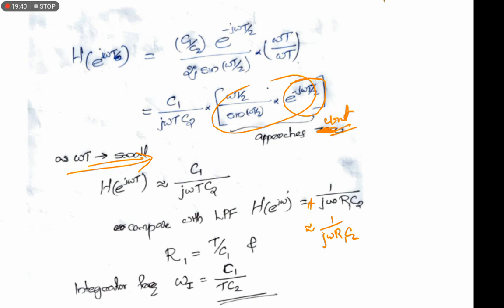By differentiating, we can prove that it approaches unity, and you will get H of e raised to j omega T as C1 by j omega T C2.